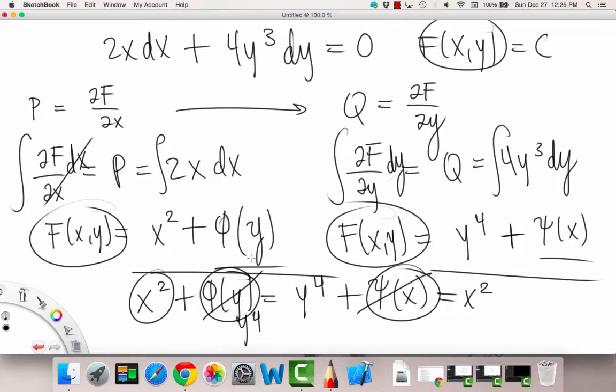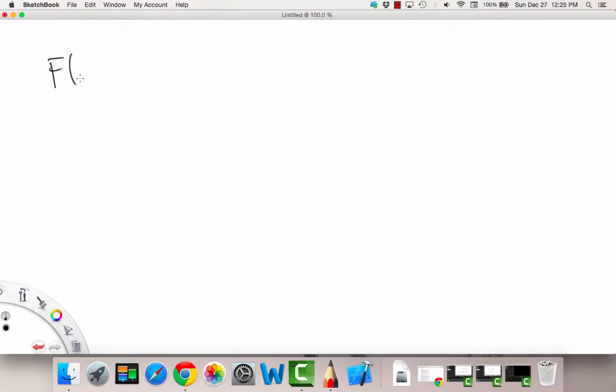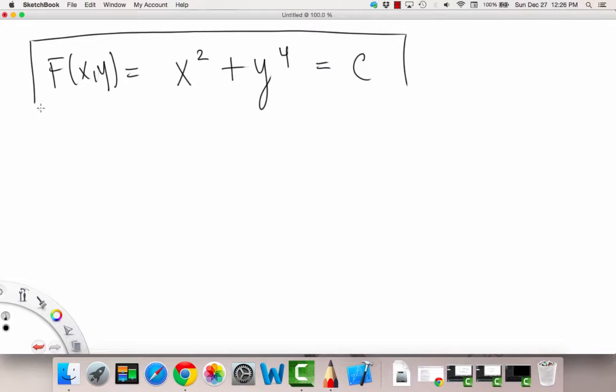That means this thing is equal to y to the fourth, and this thing is equal to x squared. So we end up with one function, which I'll write on the next slide. Our final function is going to be equal to x squared plus y to the fourth, and then we can set it equal to a constant c. This is usually how the answers are formatted, our solution to the ODE, our exact differential equation.